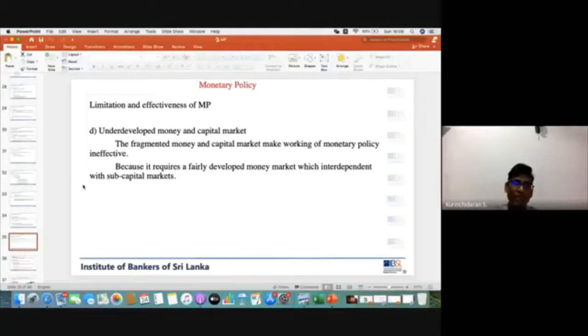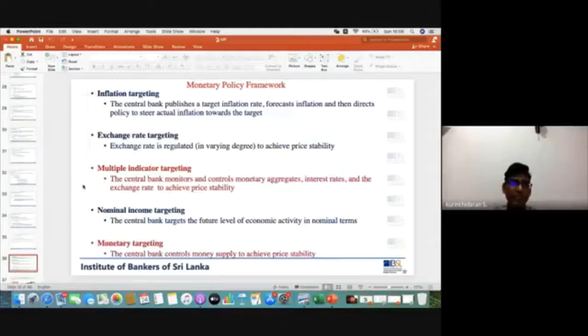So hereafter I'm going to give you some explanation around the monetary policy framework. Next, as we discussed earlier, monetary policy has several objectives in its implementation. Based on the policy goals, the monetary policy framework can be categorized under different names.